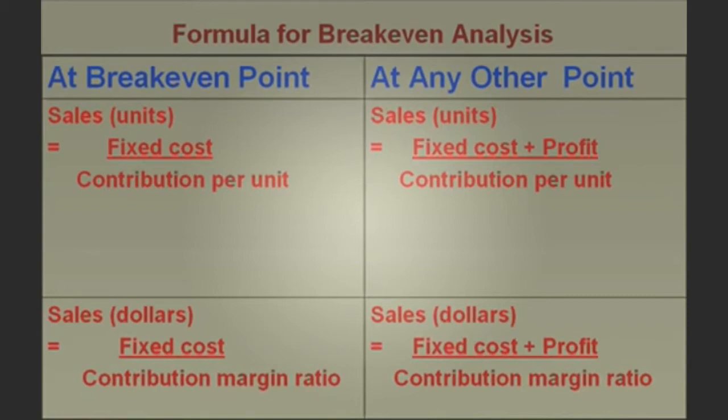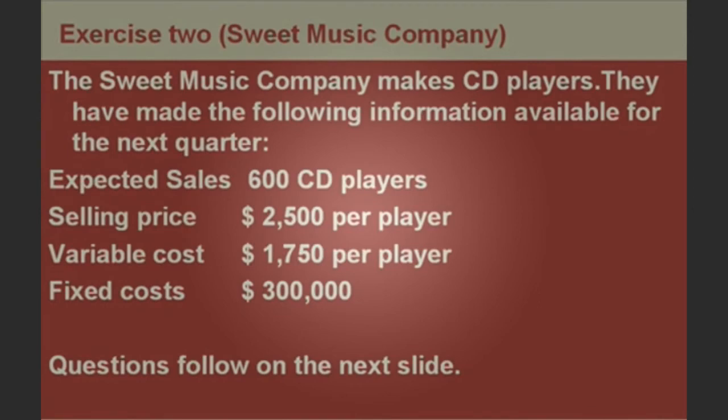Now that you got your formula, let's look at our very first problem, the Sweet Music Company. Here it is. They make CD players. For the next quarter, the expected sales is 600 players. The selling price is $2,500 per player.